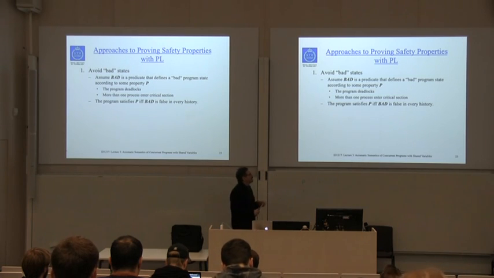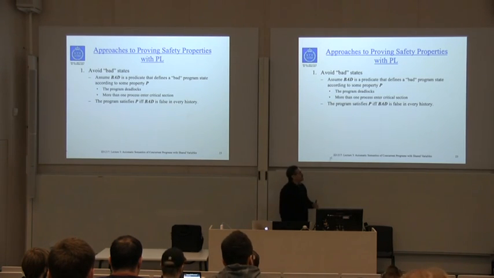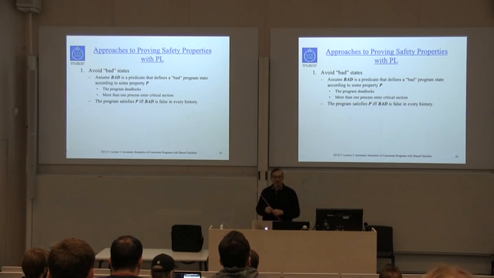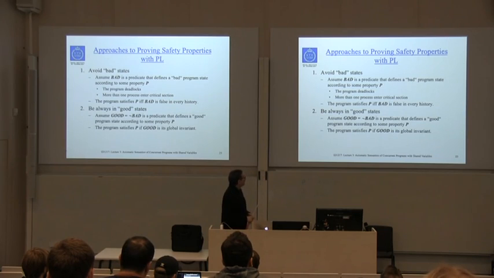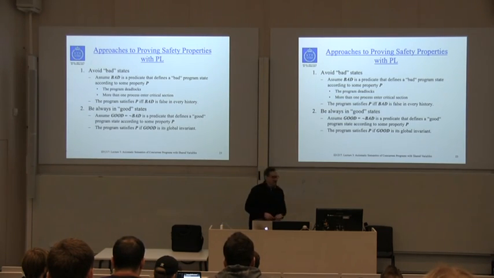And then, of course, in this case bad should be false in every history. Therefore, you should annotate it with the negation of bad, in the state that should be good, like always being in a good state. So it's a matter of convenience. If you're able to describe good states, you describe good states.